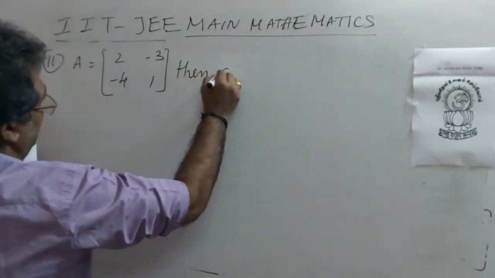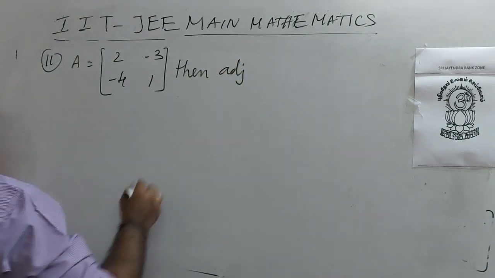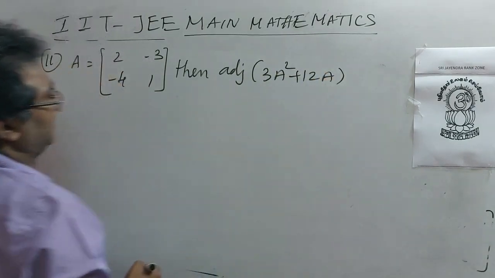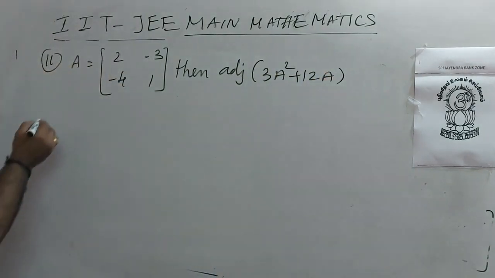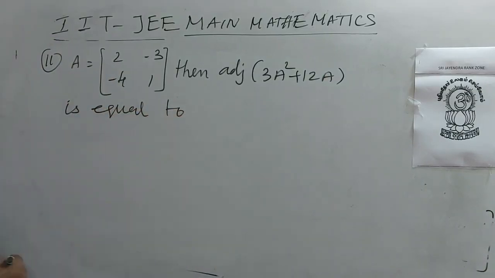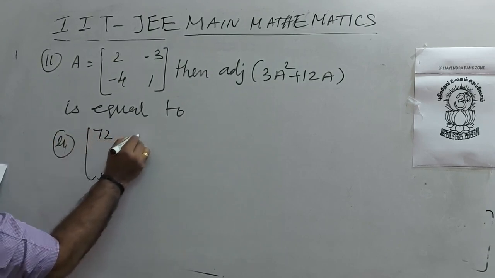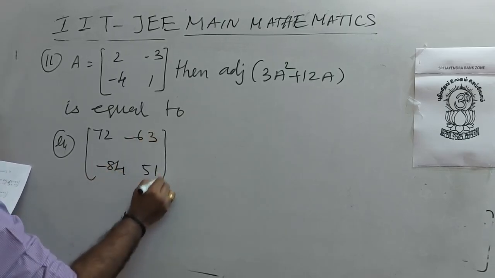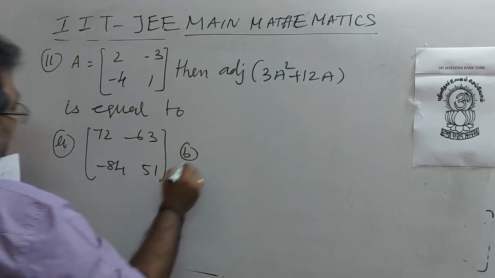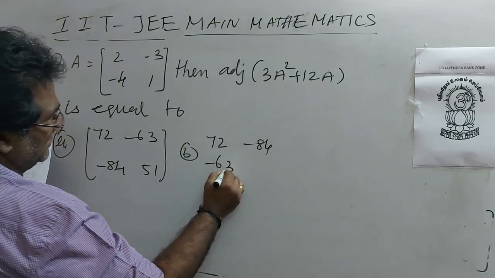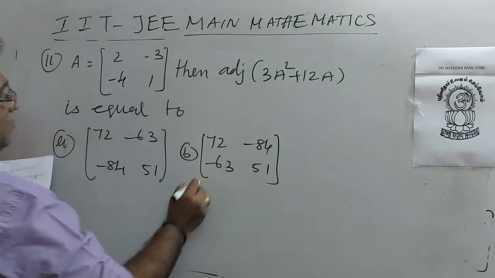Then the adjoint of 3A squared plus 12A is equal to: option A, 72, minus 63, minus 84, 51. Option B, 72, minus 84, minus 63, 51.